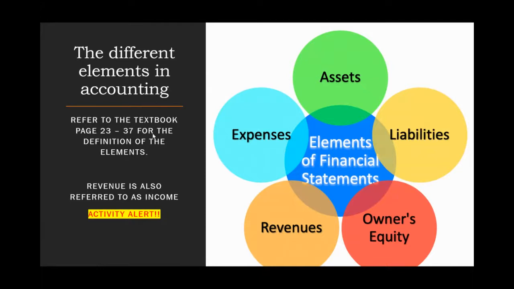Now, these are the different account types that you get. You get assets, liabilities, owner's equity, revenue, also known as income, and expenses. Every single account that you have in your accounting will fall under one of those five. We'll play around with some exercises later on.